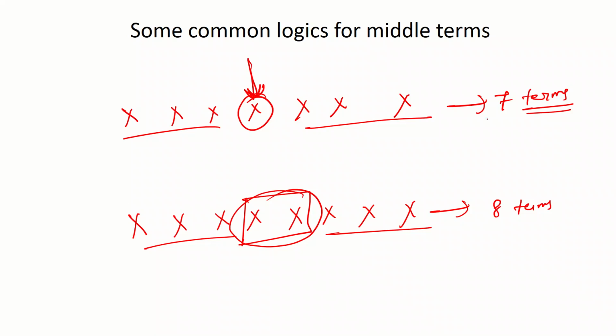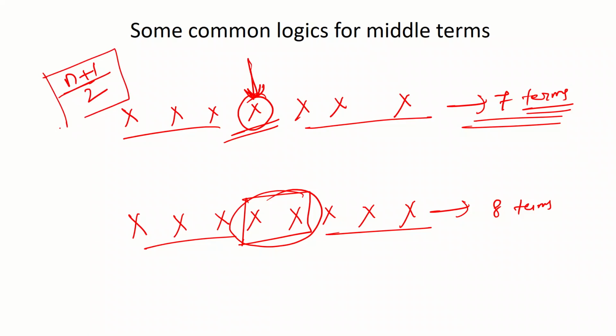For example, in this case, when I took 7 terms, the middle term was the 4th term. So is there any formula that you can see? If I give you n many terms, and I tell you that n is odd, what is this middle term? I give you a formula: n plus 1 divided by 2 will always give you the rank of the middle term.